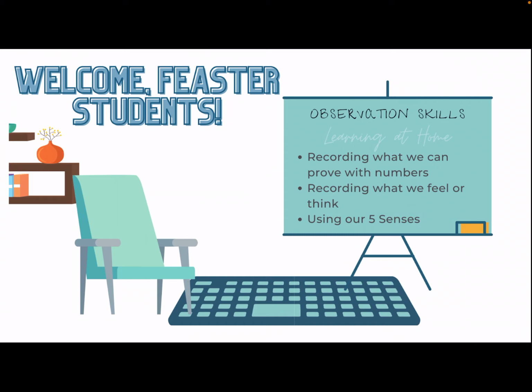The other way that we can categorize our observations is qualitatively. Say it with me, qualitatively. And that's when we look at things that can't necessarily be described using numbers or values. So how we may feel about something.